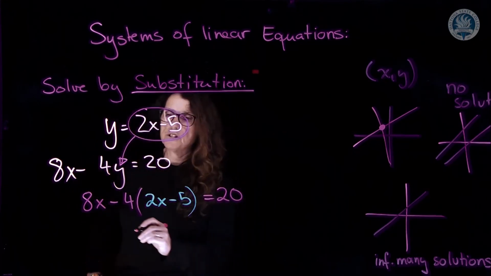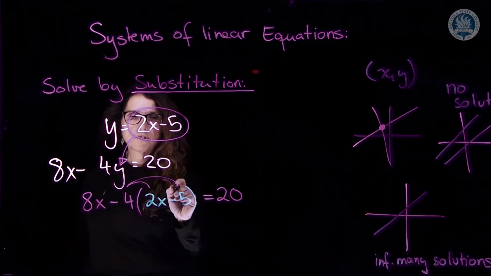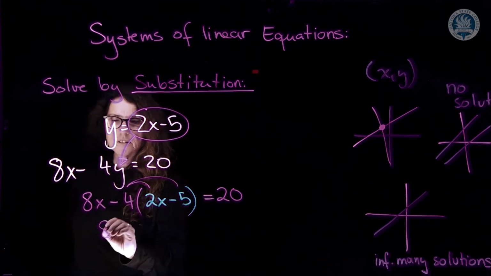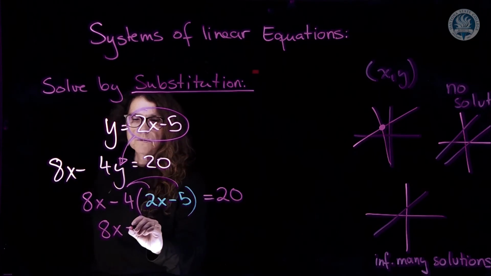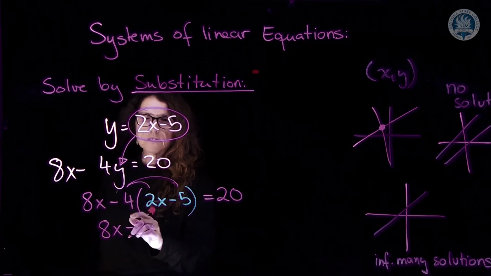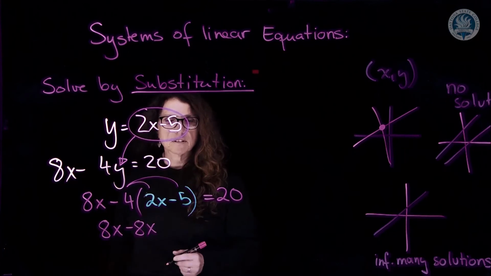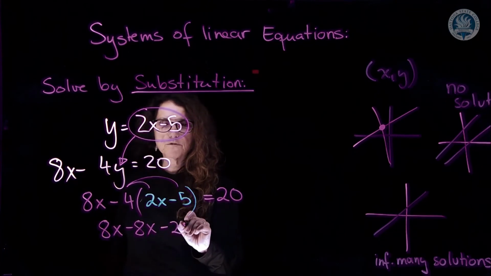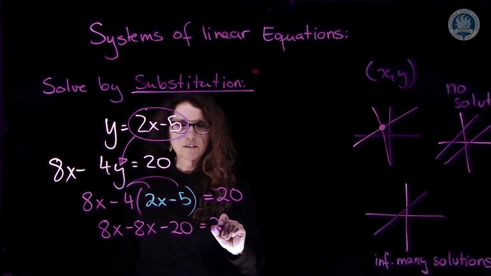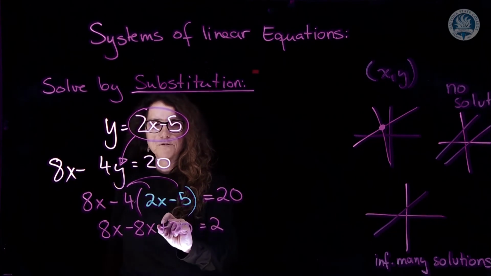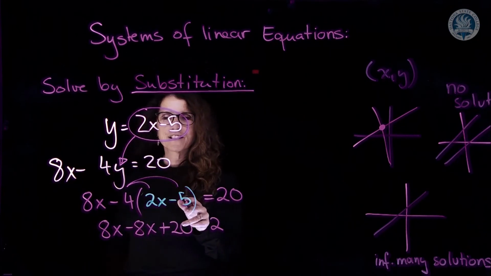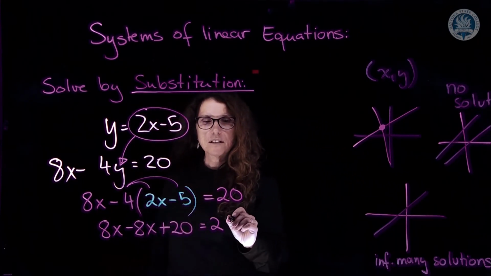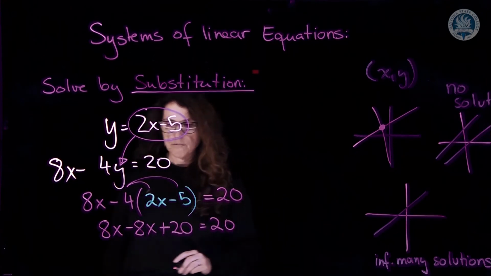Solve this equation, distribute, and clear the parentheses. 8x minus 4 times 2x is minus 8x, and we have a minus 4 times a negative 5, which is a negative 20, oops, that is not a negative 20, that is a positive 20. Negative 4 times negative 5, positive 20, and that is equal to 20.